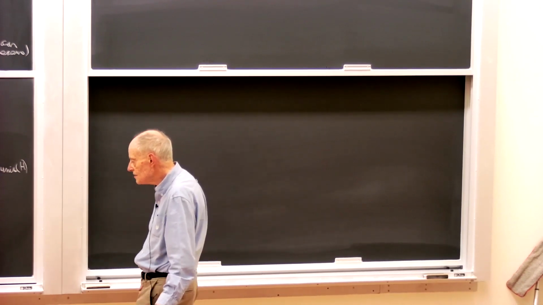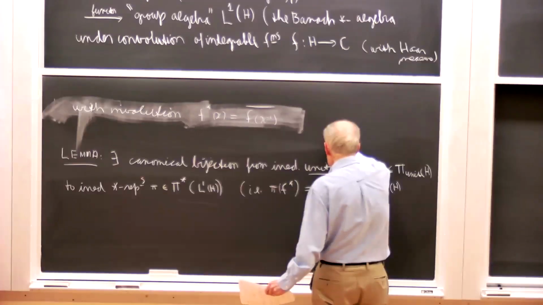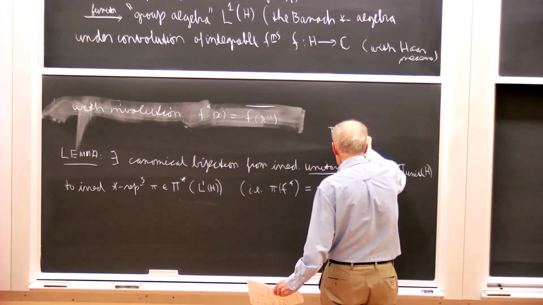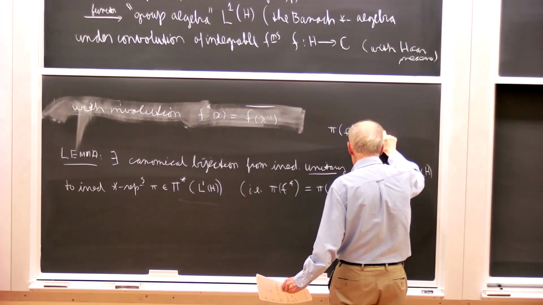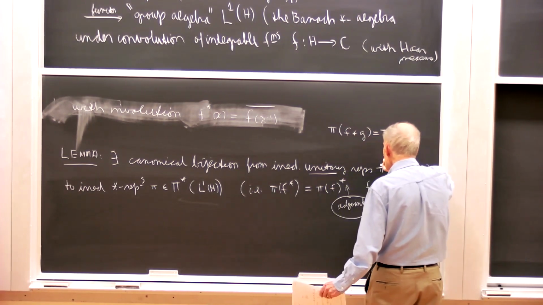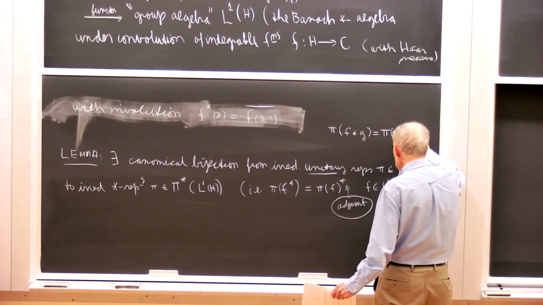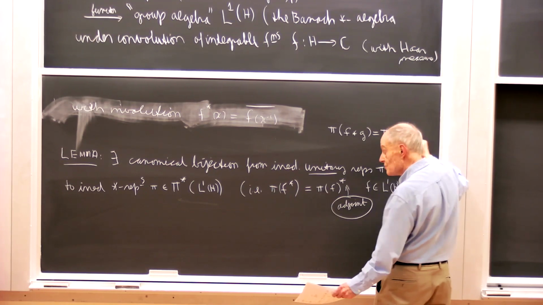Would you say it's a representation of the algebra? It means that pi of a convolution is the composition or the product on the Hilbert space, from the B star algebra to the space of operators on the Hilbert space. That's right.